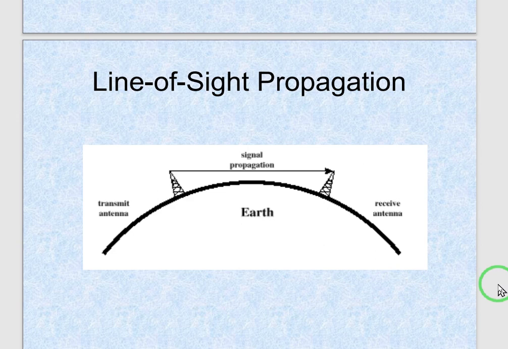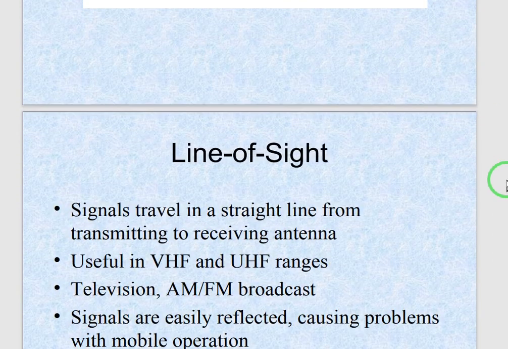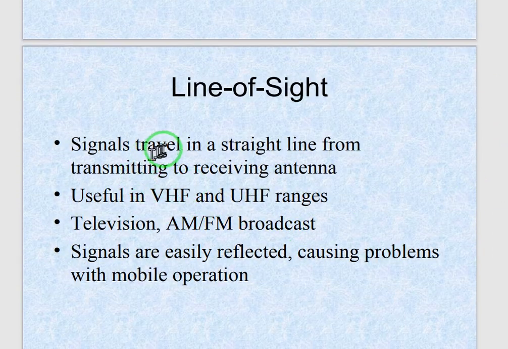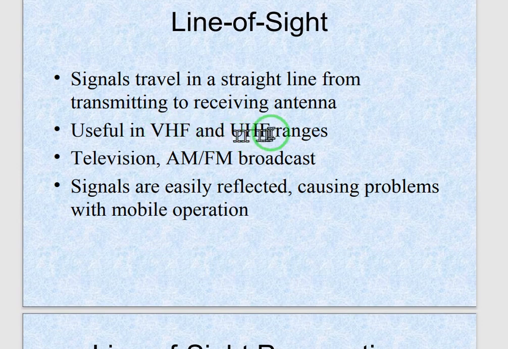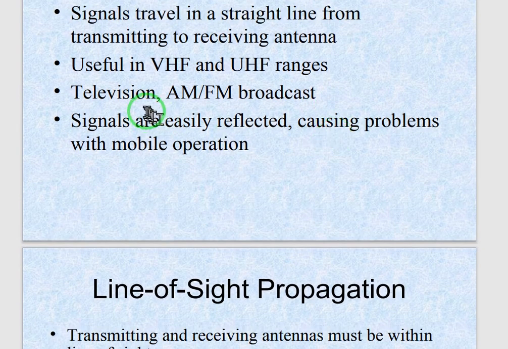That means they are located beside each other, and it seems that they are viewing each other. That is basically line of sight propagation. Properties: the signal travels in a straight line from the transmitting to the receiving antenna, useful in very high frequency and ultra high frequency ranges. Examples are television and FM broadcast. Signals are easily reflected, causing problems in mobile operation.